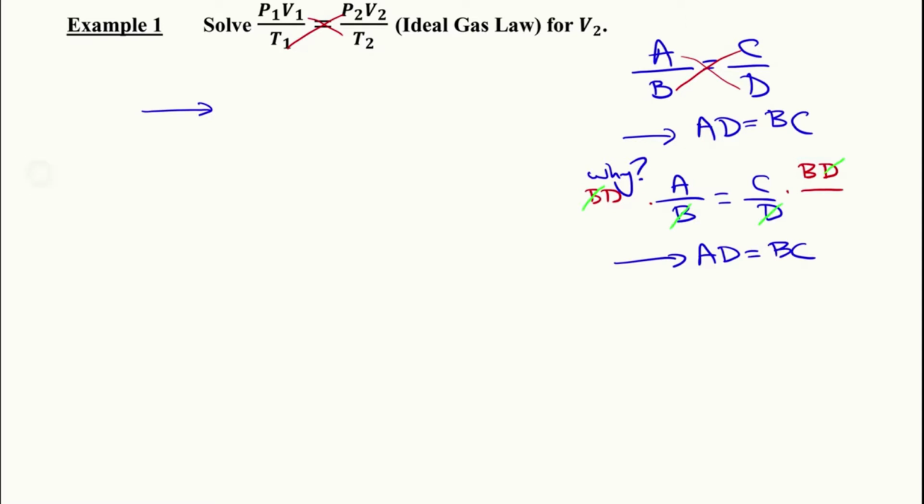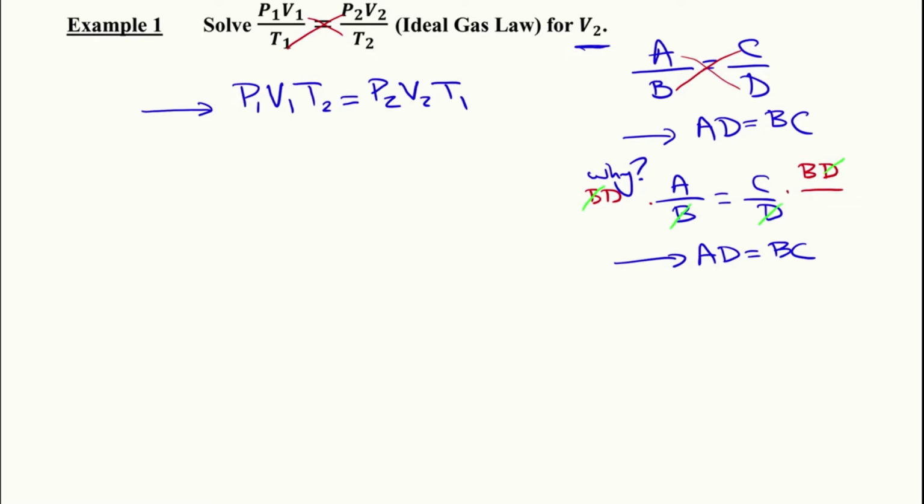So we get P1 V1 T2 is equal to P2 V2 T1. And keep your eyes on the target. Remember, we're solving for V2.